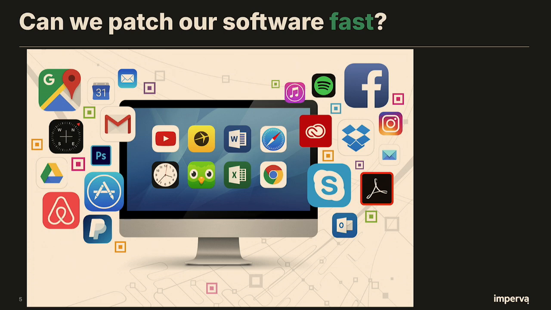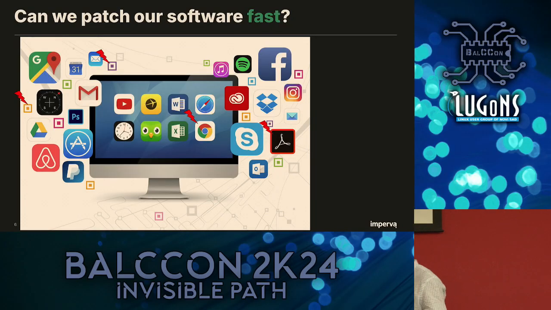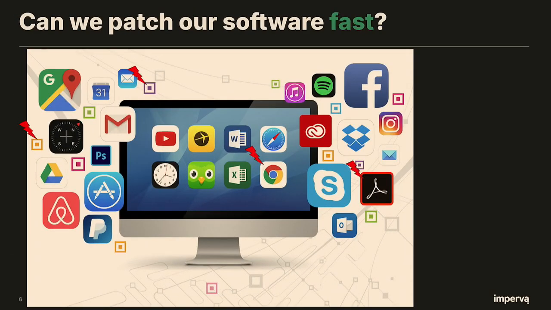So these, without specific icons, represent the ones developed in-house, and the ones you recognize represent third-party components. And let's assume that you've been told by some miracle that these components highlighted in red are vulnerable.